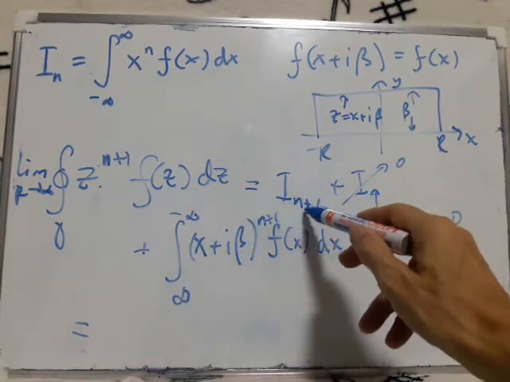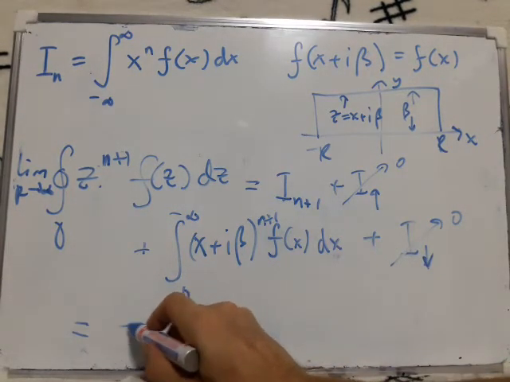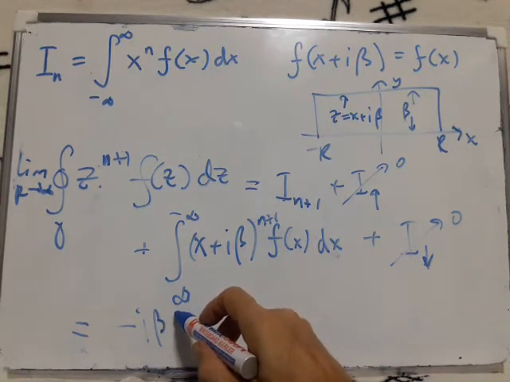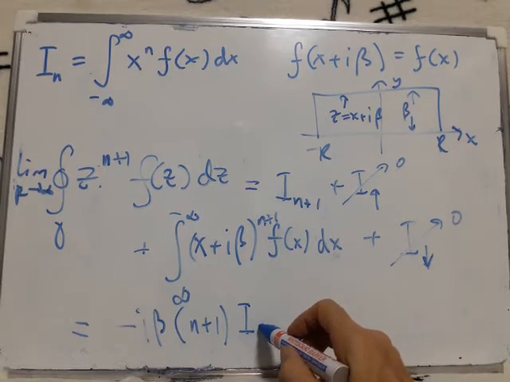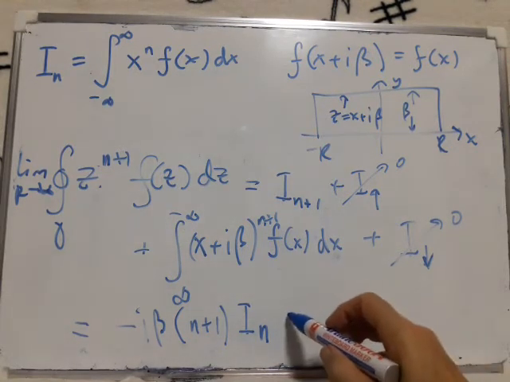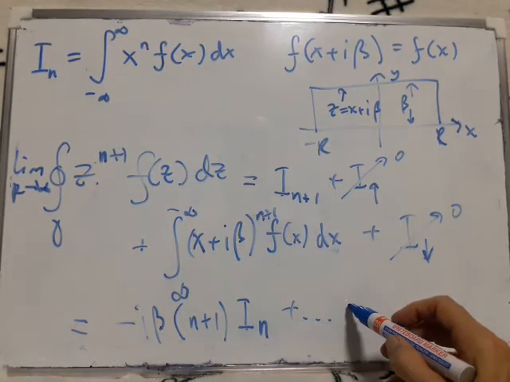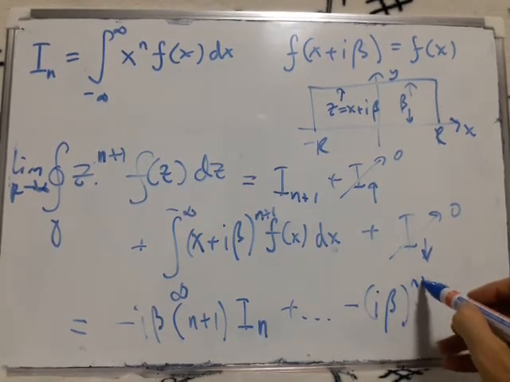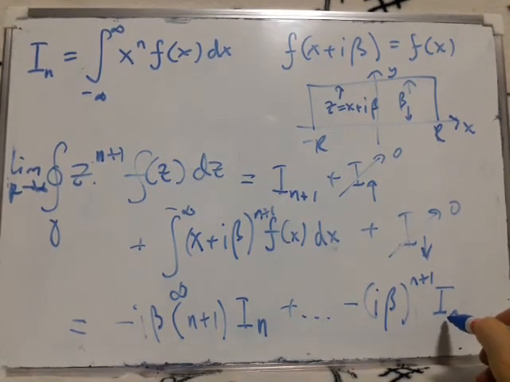So that's going to cancel this n plus 1, and the first term will be minus i beta times n plus 1 times the integral we want, I n, plus etc. all the way down to minus i beta to the n plus 1 times I 0.